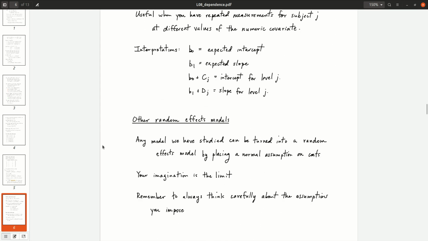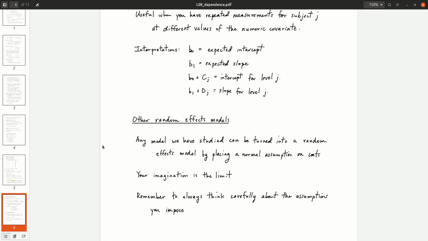So basically, when you have a factor in the model and you want the effect of that factor to follow some normal distribution, then you can turn it into a random effects model. And basically, your imagination is the limit here. You can take different types of random effects models and combine them to get more complicated random effects models, and you can estimate them.